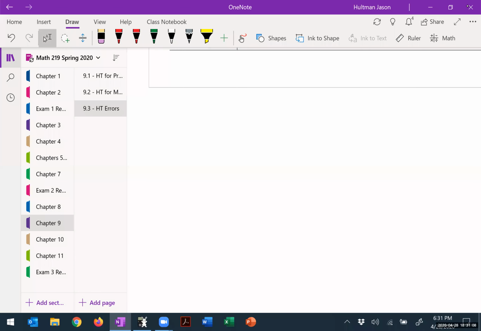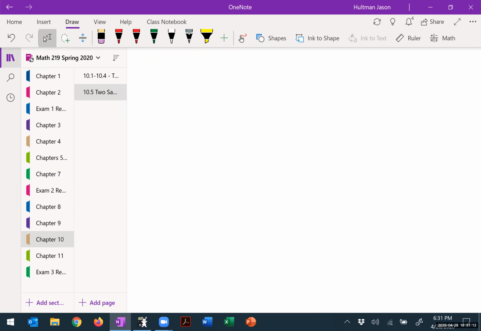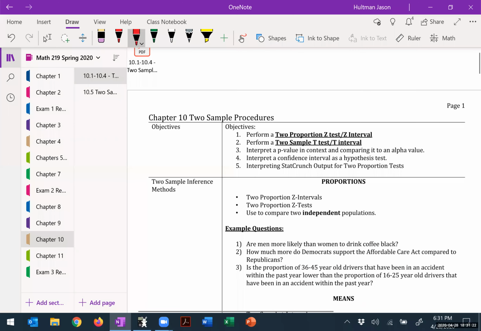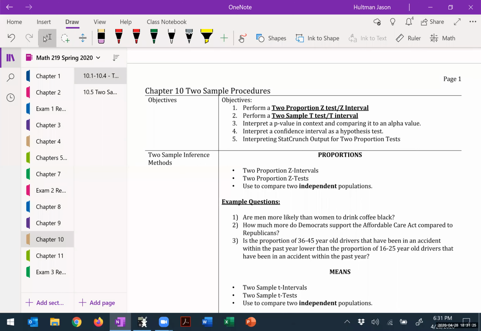Okay, so that's the end for 9.3. Let's jump into chapter 10 now. 10.1. Here we're going to do two proportion z-test, two proportions.